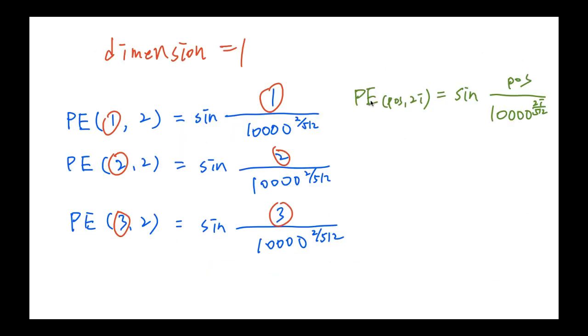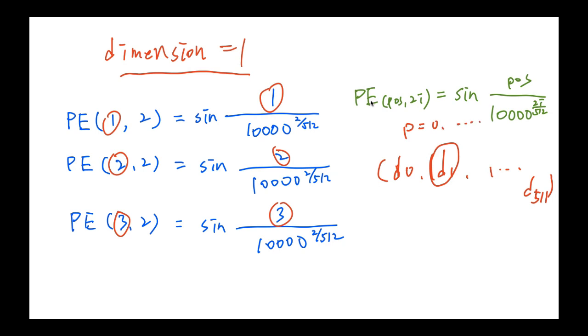Another way to look at it is to fix the dimension equal to 1. Then we look at the different positions. Because you have a vector, right? This is dimension 0, dimension 1, and dimension 111 element. And we only look at this element in positions 1 to 3. Sorry, I think this is dimension 2, but that doesn't matter.